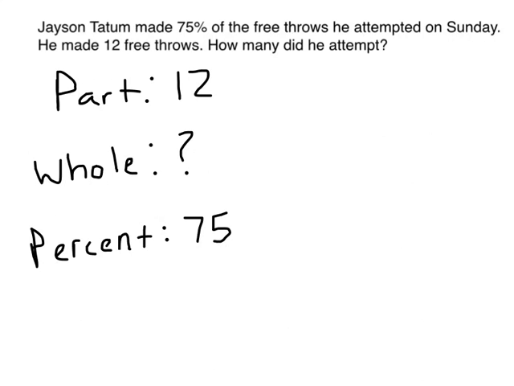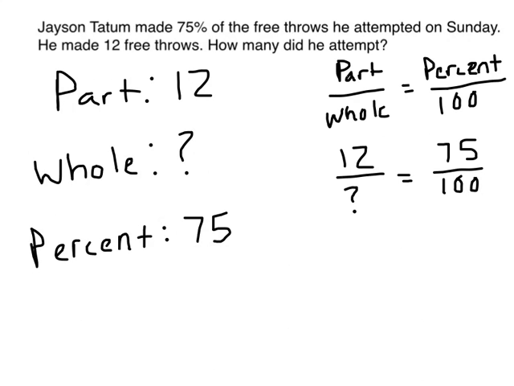How would I set up my percent proportion using these numbers? I can say that 12 over the whole would equal 75 out of 100. Now I can cross multiply to solve my proportion. So I would multiply 75 times question mark and 12 times 100.